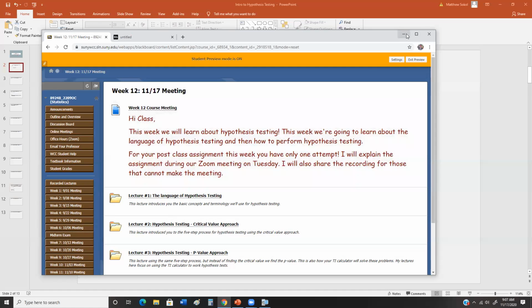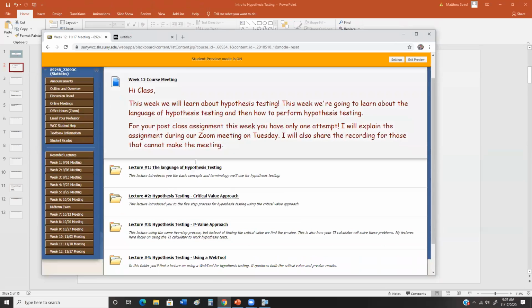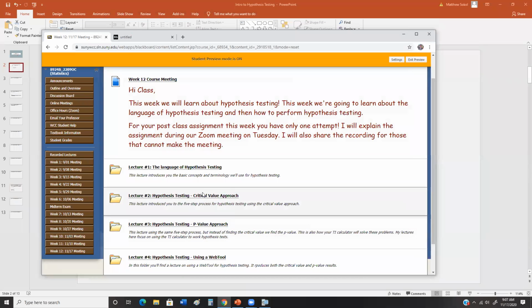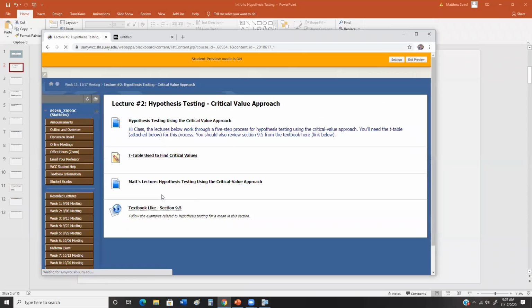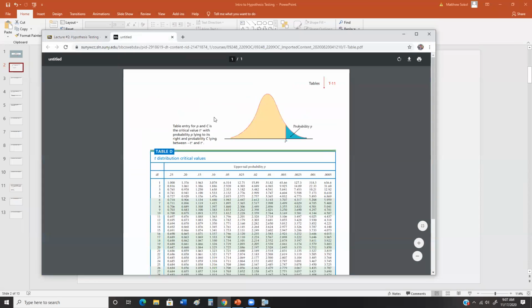Okay. For class today, I have this PowerPoint here that I didn't post. There's not much in it, and I'm going to do a lot of writing. One thing you're going to need during the second half of class is your graphing calculator, just very briefly, so have that handy. And during the second part of class, under lecture number 2, there's this thing called the T-table that we've talked about before.